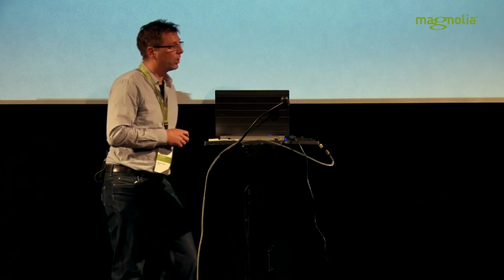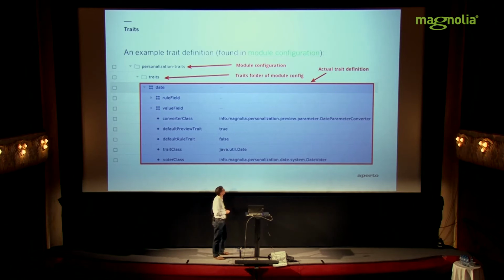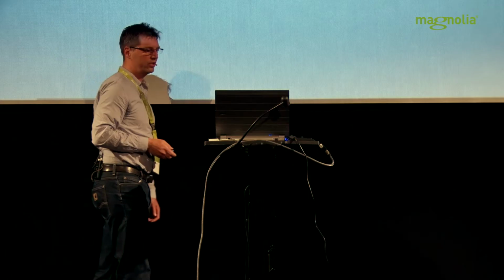That looks very technical already. Every module in Magnolia can provide their own traits. Okay, so this is one module, and within the module you've got a folder called traits, and in there you will find the traits that your module defines. So here we look at a trait called date.